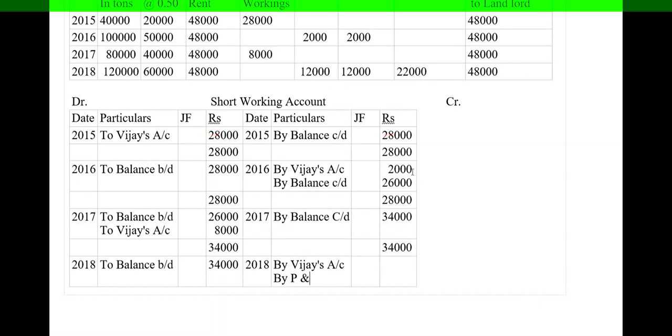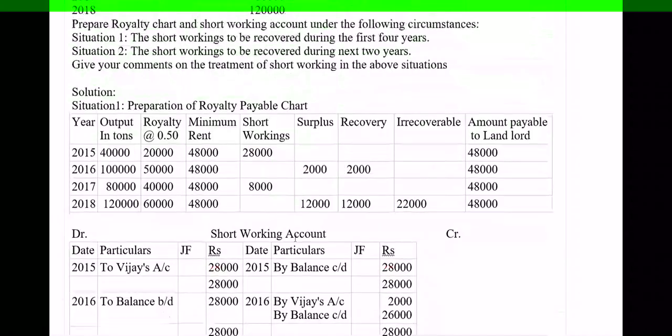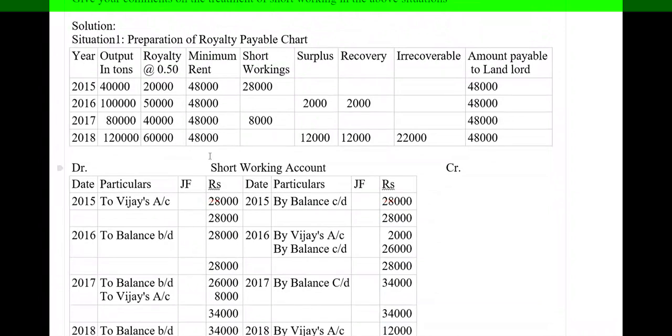So by P&L account, the recovery is to the extent of rupees 12,000, and there is a recovery of rupees 22,000 here. So the total is rupees 34,000. So this is as per situation 1, because the right of recoupment is during the first 4 years. So that's why it will come like this.